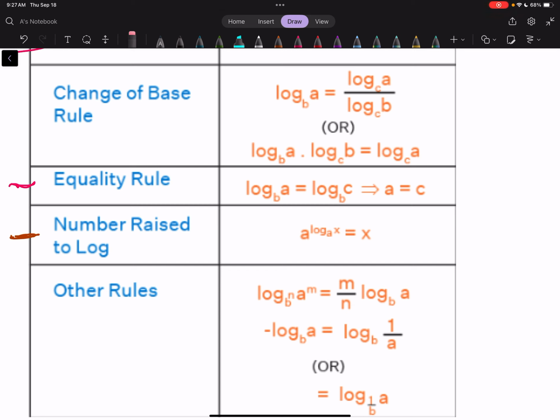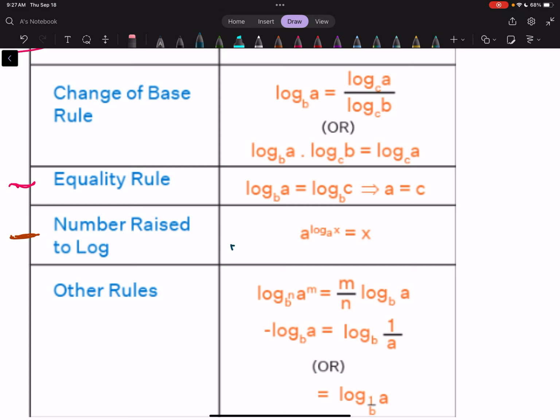Anyway, equality rule. If I have log of a base of b of a equals log of the same base of c, then I know that the log of the b's bases cancel out, so a equals c. That's all that says. Number raised to a log. If I have, well, let's just use a number.